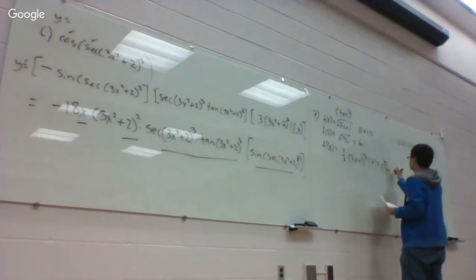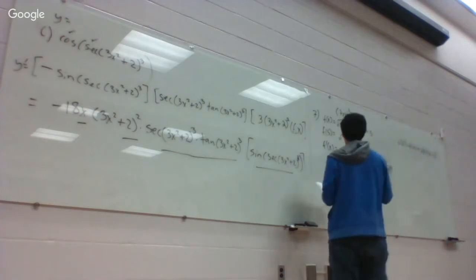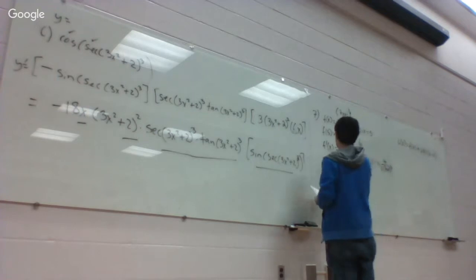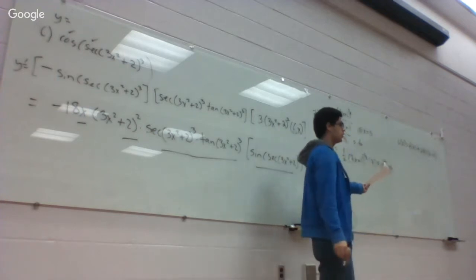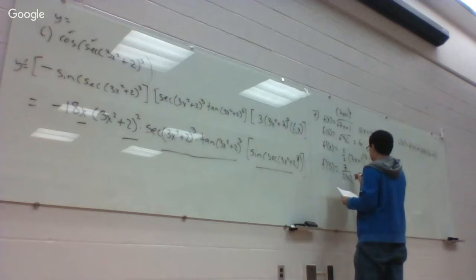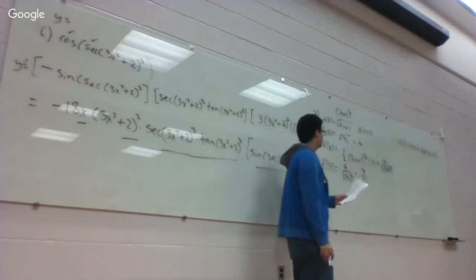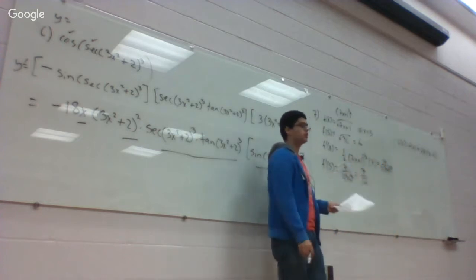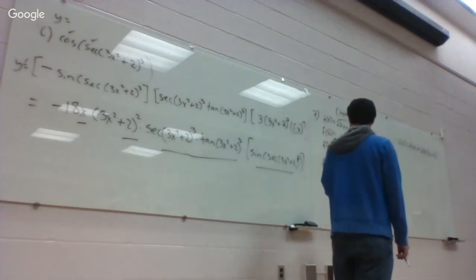You should know that by now. F prime of 5 is just plugging in 5. So 7 over 2 times 36 to the 1/2. That's 7 over 12. Those should be easy points on the exam. Make sure you don't mess up on this algebra.